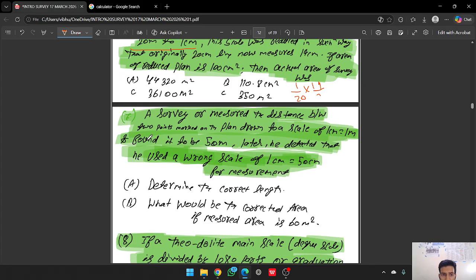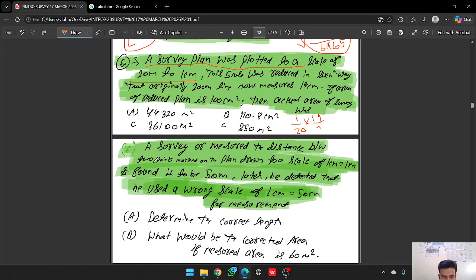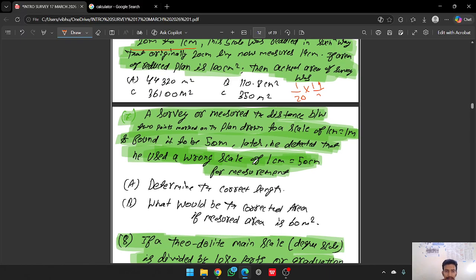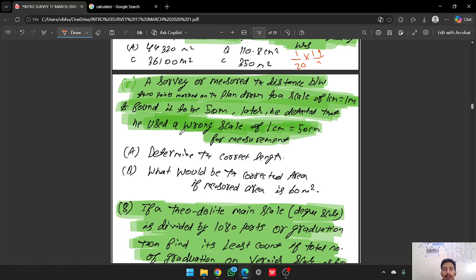Okay. The next question is a surveyor measured the distance between 2 points marked on the plan drawn to a scale of 1 centimeter is equal to 1 meter and found it to be 50 meter. Later he detected that he used a wrong scale of 50 centimeters for the measurement. Here we have 2 points.